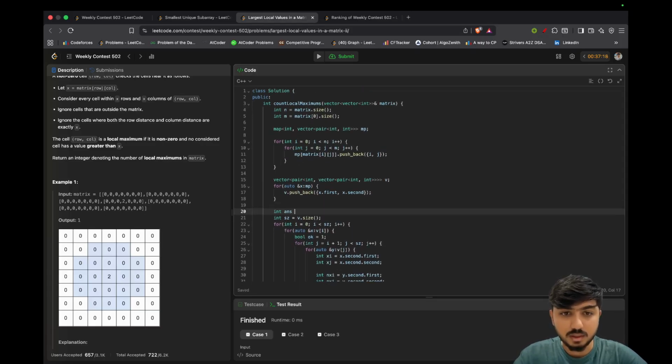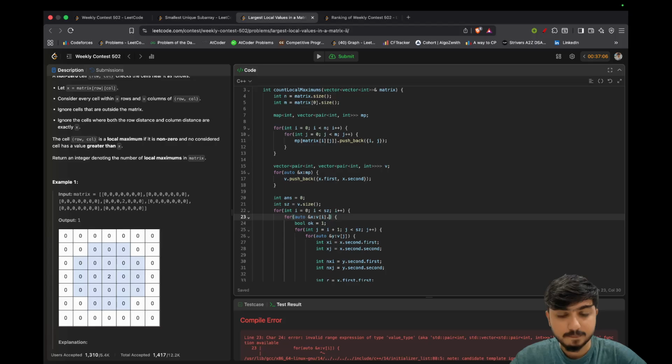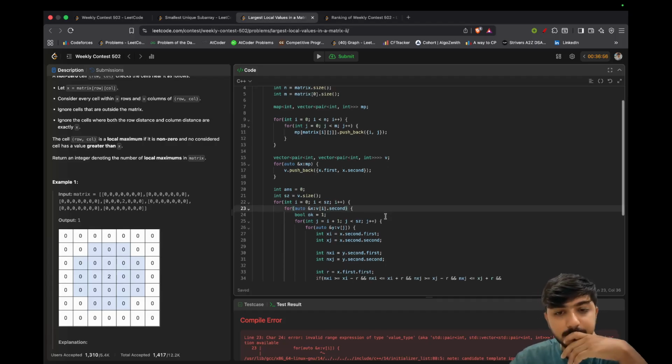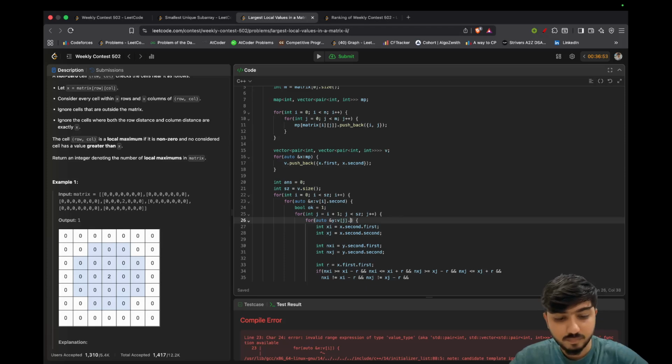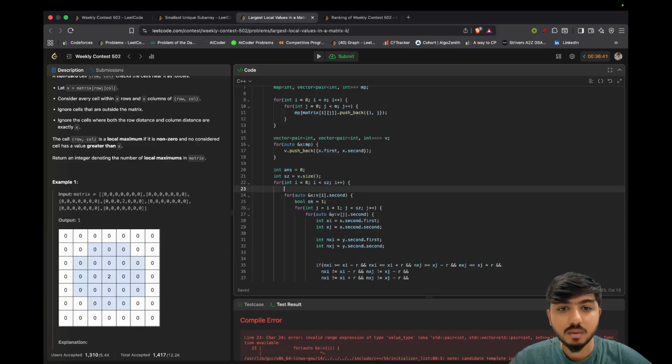Let's say answer is equal to 0. Second. And this is v of I dot first.